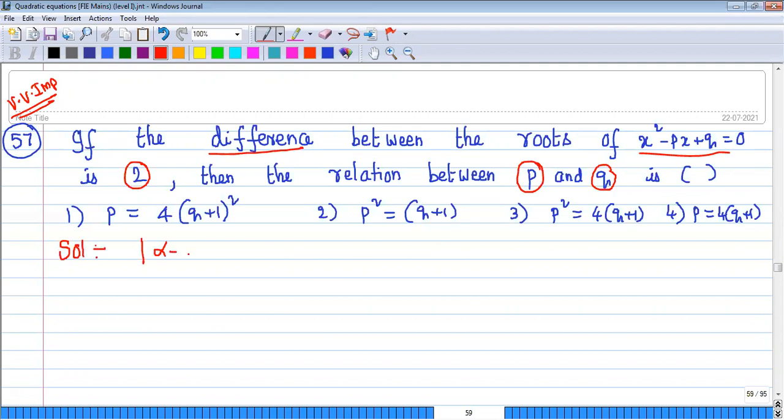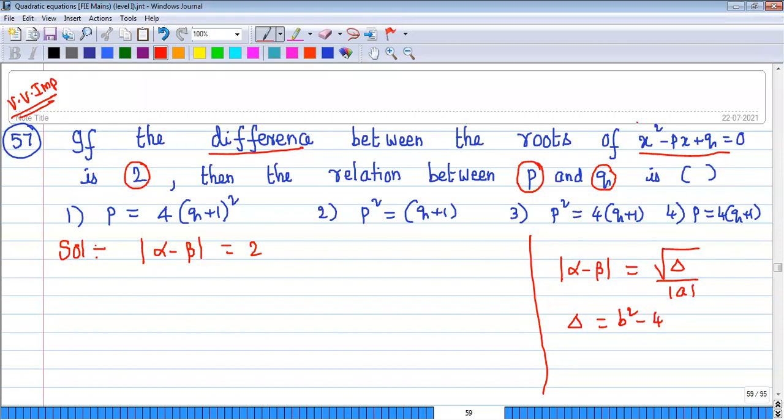So mod of alpha minus beta is equal to 2, given. We know the basic fact. Let me revise the basic fact once again. Mod of alpha minus beta equals root over delta upon mod A, where delta is equal to b square minus 4ac. Corresponding to this equation, b square minus 4ac is p square minus 4q.